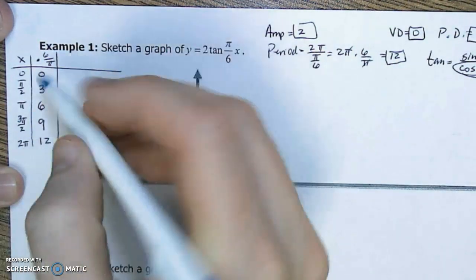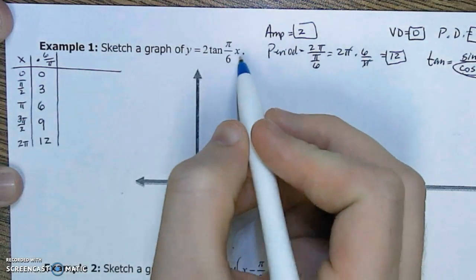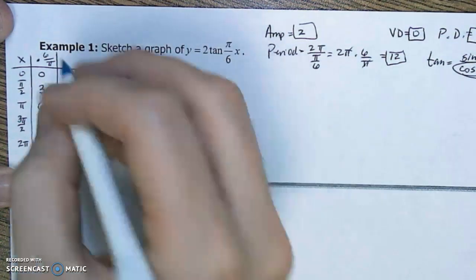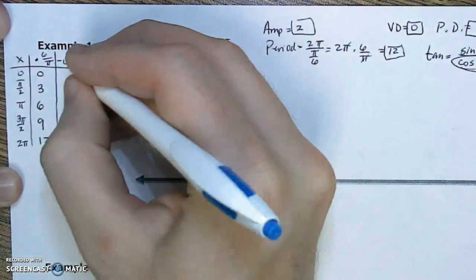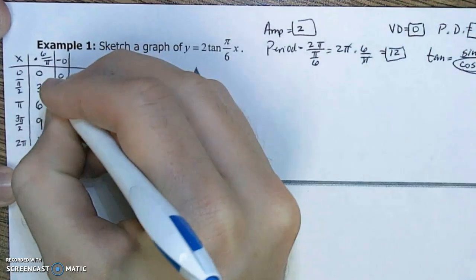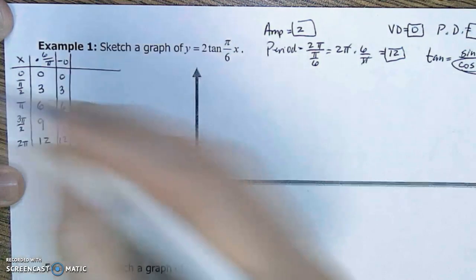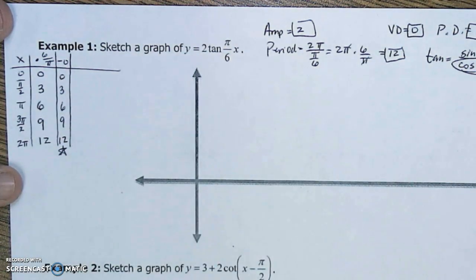And we should see there's a pattern. It's going up by 3 each time. Then what I would do is subtract 0 from all those. So I'll make a column just so all these tables look the same, but there's nothing happening. So these are the x values that we're going to see on our graph.